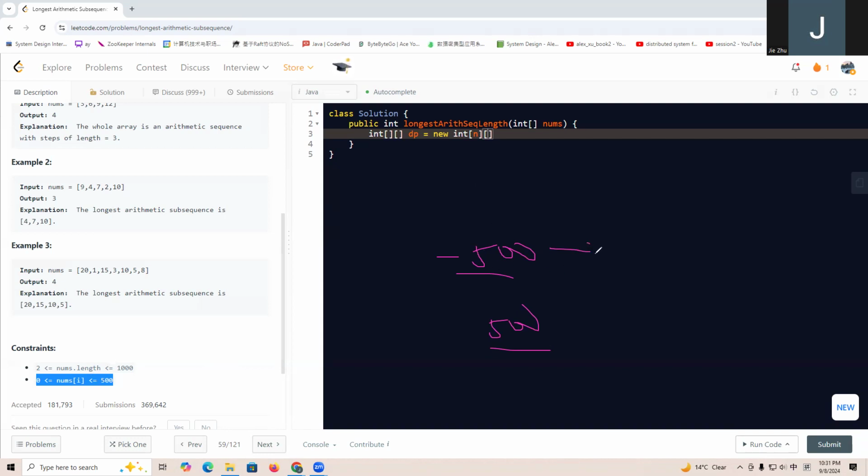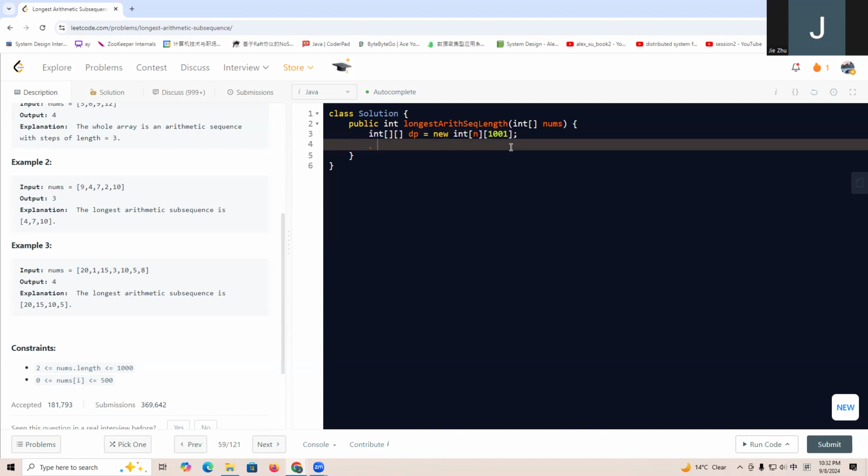We can shift this by plus 500, so the common diff will be from 0 to 1000. We do the shifting because an integer array does not have negative indices. So we just set this one as 1001.